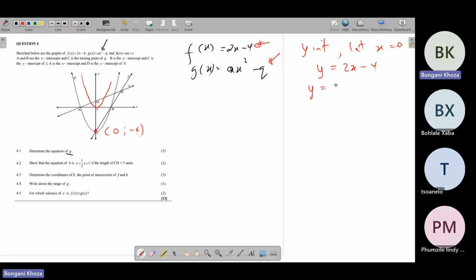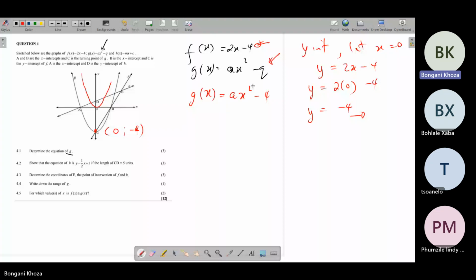So y equals 2 into 0 minus 4, and this ends up being y equals -4. Hence we can say that this coordinate over here is 0 and -4. So for this part, g at x equals a into x squared and this -4 over here. Let's just put it like that.